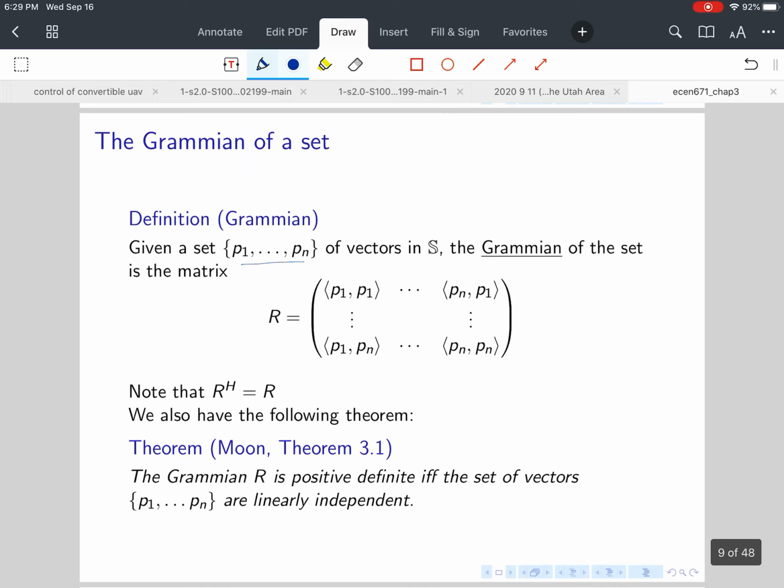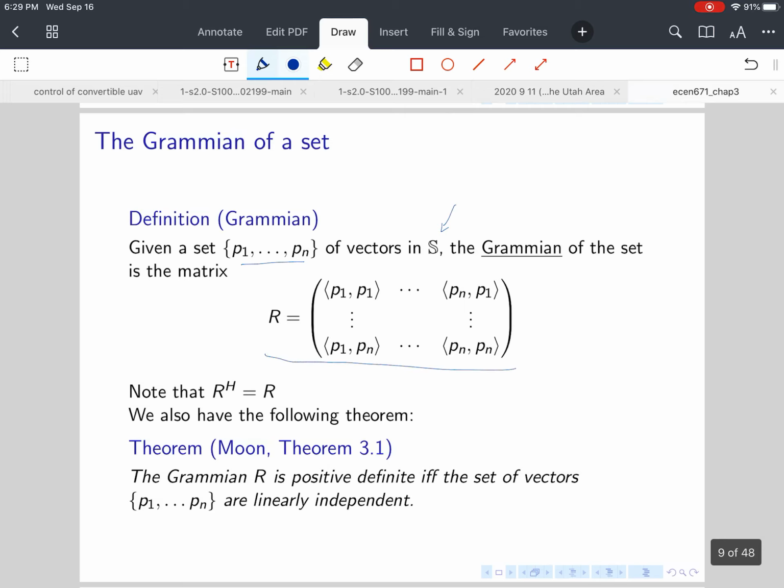So we define it. Given a set P1 to Pn of vectors in this Hilbert space S, the Gramian is defined in this way, and this actually can just be a vector space. It doesn't have to be a Hilbert space.